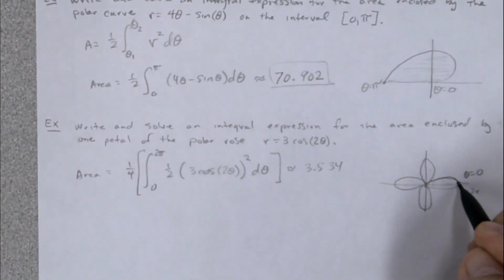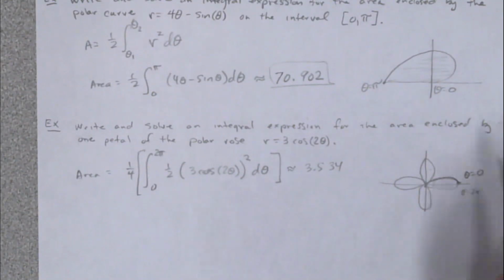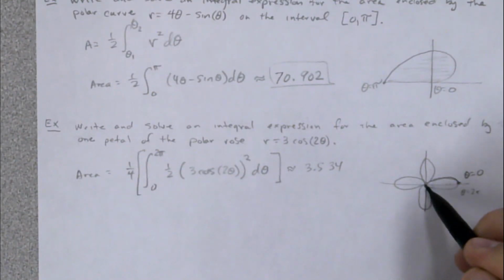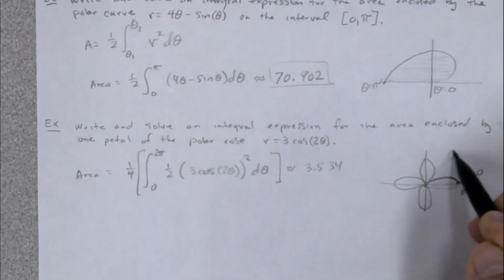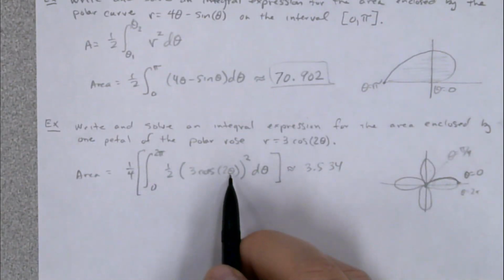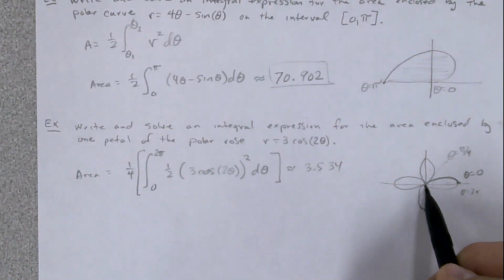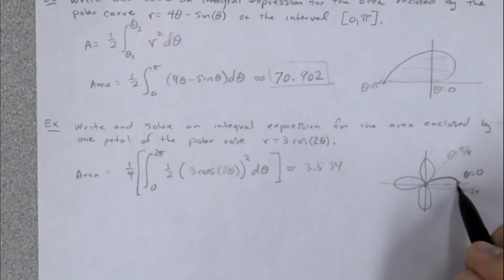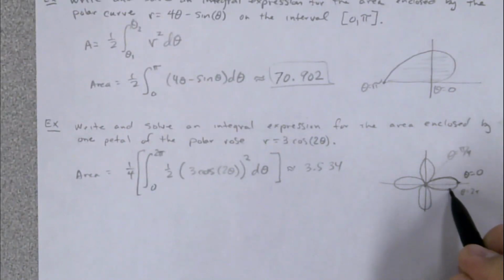From here to here, this angle that ends right at the pole, that is theta equals pi over 4. Because if I take pi over 4 and plug it in here, the 2 and the 4 reduce, it gives me pi over 2, and that's a 0. Well, can I find another way to draw this piece? And the answer is yes also.